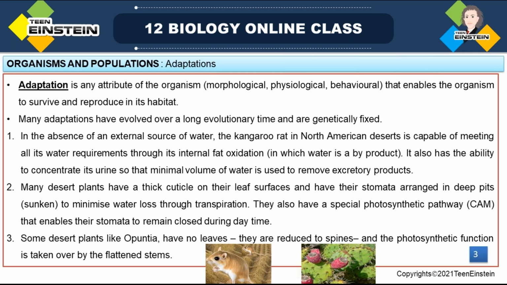In some other desert plants, for example, you can see here the picture of Opuntia. Opuntia doesn't have leaves. The leaves are modified into spines. You can see the thorn-like structure, that spine. But what is the use of this adaptation?